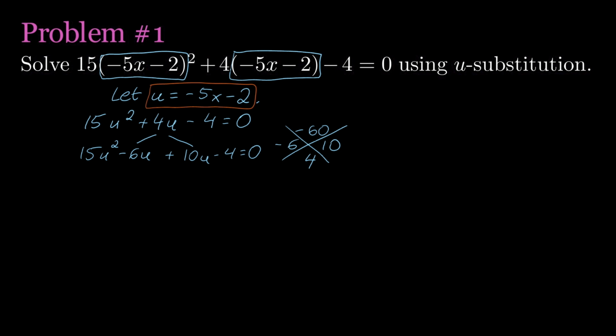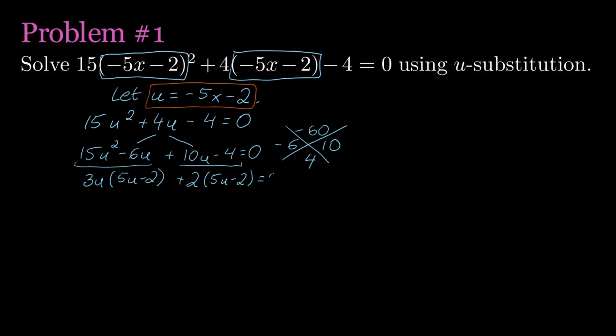And then finish with factoring by grouping. So in the first group, we have a common factor of 3u. And after factoring it out, we are left with 5u minus 2. So for grouping to be successful, in the second group we also need a factor of 5u minus 2. And we can achieve that by factoring out 2.